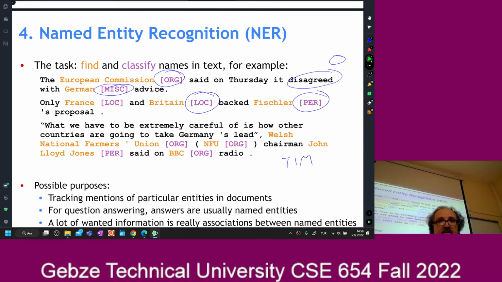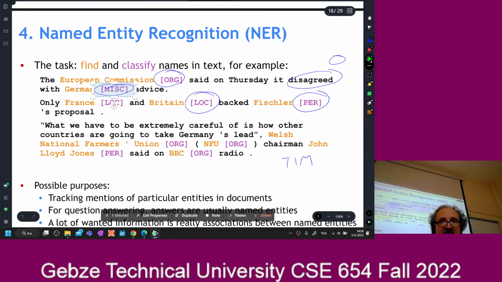For example, "The European Union said on Thursday it disagreed with German advice." European Union is an organization, and German is miscellaneous.